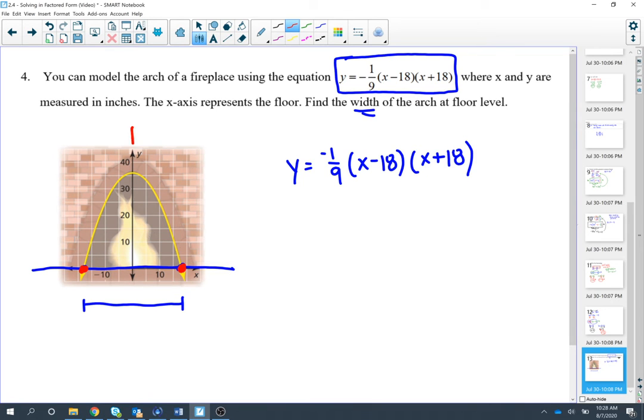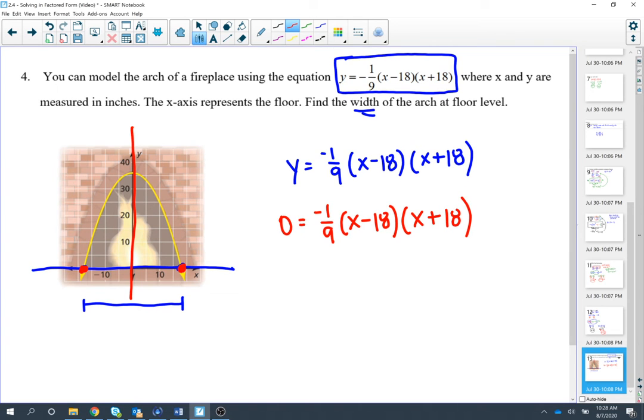And keep in mind the y value is right here. Is the y value 10? And then over at that point, is the y value 20? And then over at that point? No, the y value is 0. So I'm going to take this y value, I'm going to make it 0, equals -1/9 times (x minus 18) times (x plus 18).